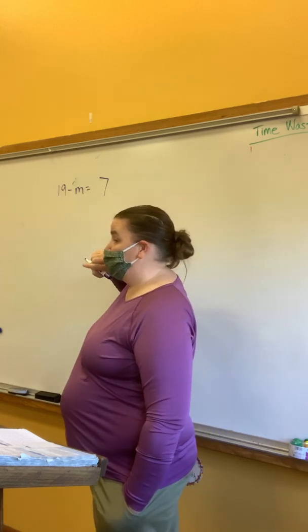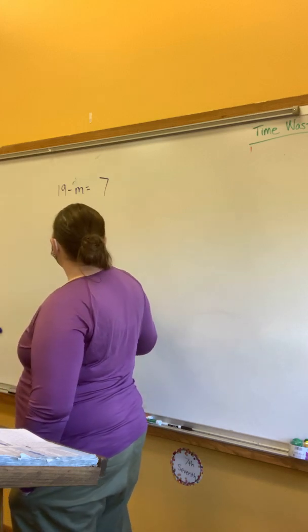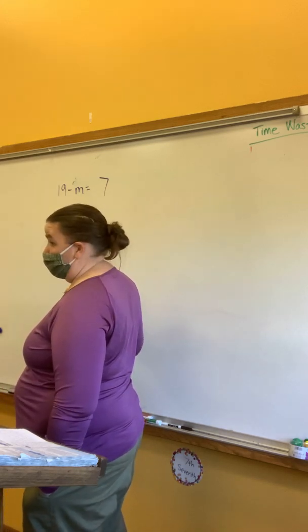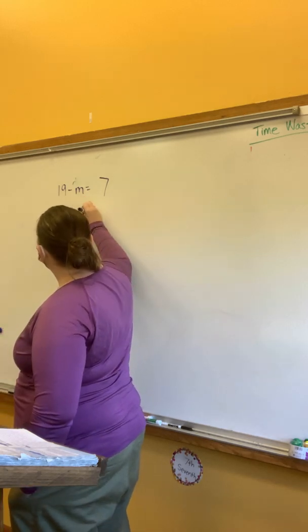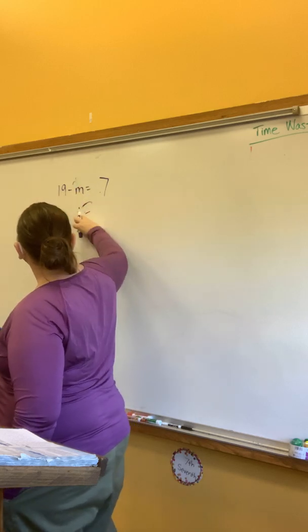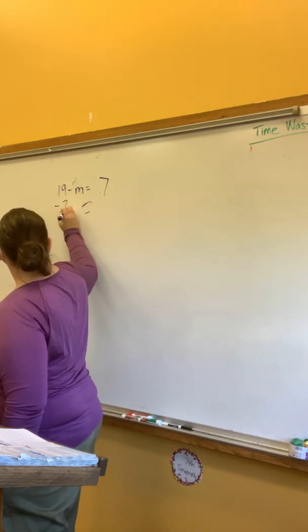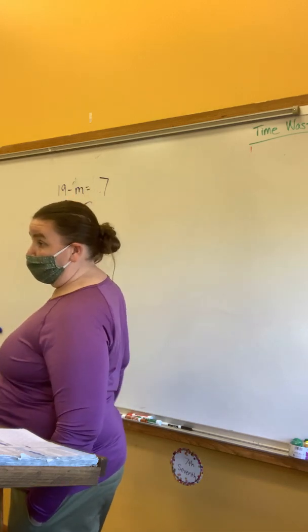I know it's 12. How did you get it? Because if you take the 2 and then minus the 10, it equals 7. So you subtracted it this way. You took that 7 and brought it over here to figure out what it was, right? Yeah. So that's one way to solve.